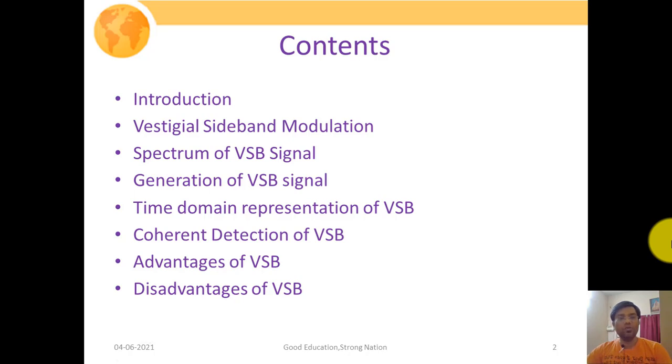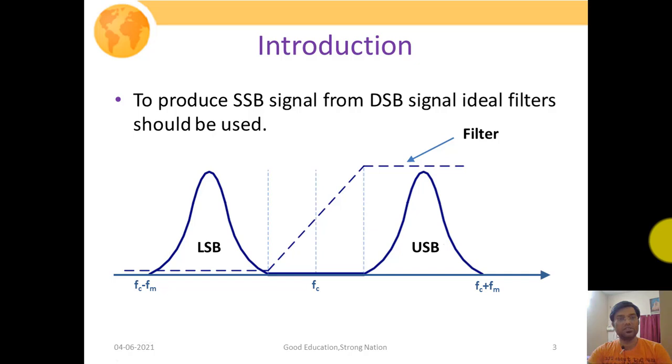Then how we are going to generate the vestigial sideband signal, which will be followed by the time domain representation of VSB signal. Then we will discuss the coherent detection method of VSB signal. And finally, we're going to conclude by discussing some of the advantages as well as the disadvantages associated with our vestigial sideband signals.